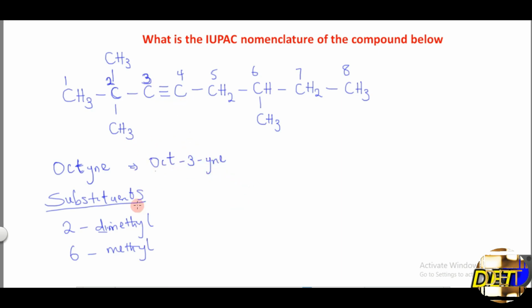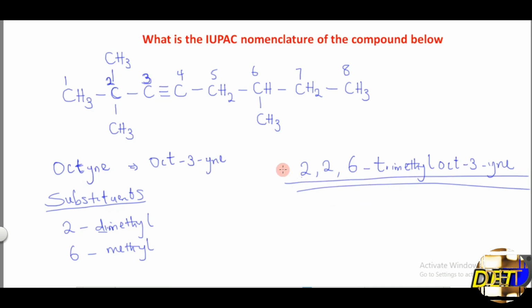So if I put all these together, this compound will be 2,2,6-trimethyloct-3-yne. Where is this 2,2,6 coming from? I will explain later. So this is 2,2,6-trimethyloct-3-yne, right? So this is the IUPAC nomenclature of this compound.